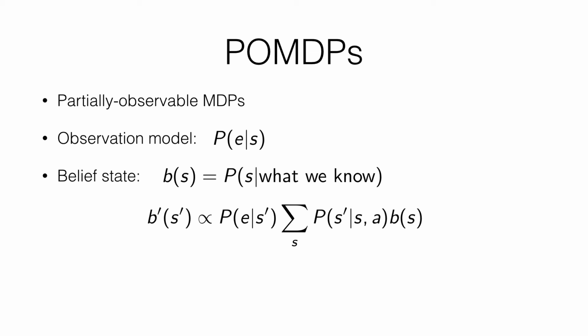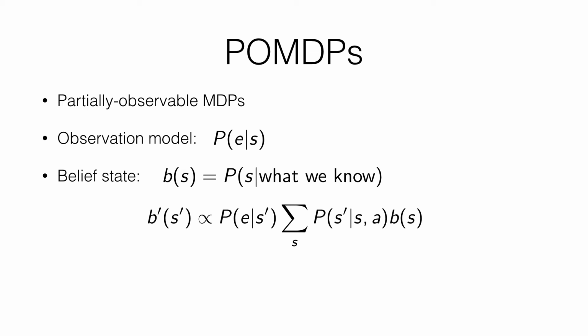The first term has the P of E given S prime, and the second term, the summation, sums over all the possible states we could have previously been in, based on the previous beliefs, of what probabilities we have for each state.